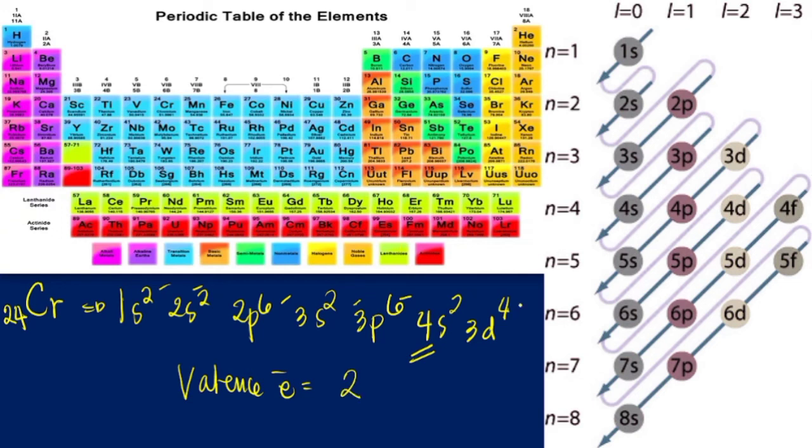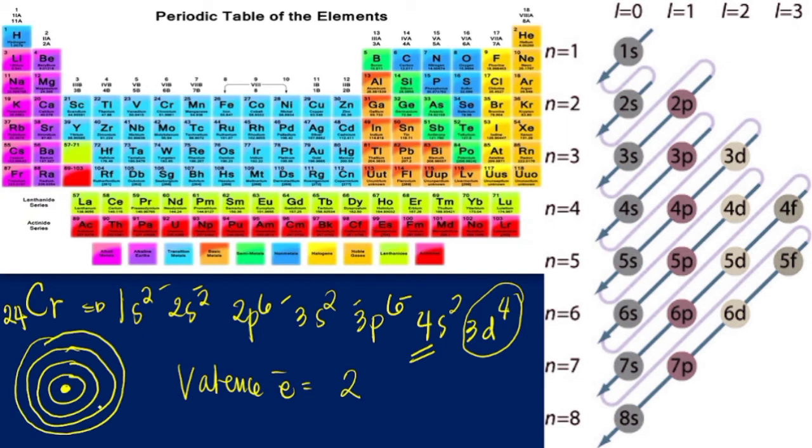Now this is not the outermost electron. Actually, if we draw this into an atomic model, it would be like this. So this will be n equals 1, n equals 2, n equals 3, and lastly we have n equals 4.